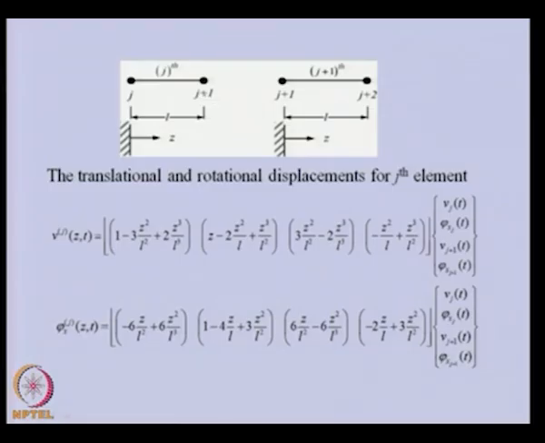This is the shape function which predicts the displacements at the node position, and also at intermediate positions. So, we will use these two expressions to predict the displacements at the common node by two separate elements.